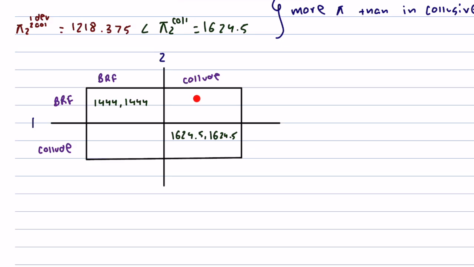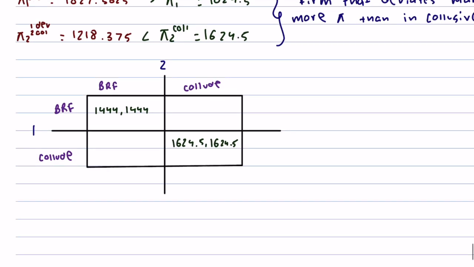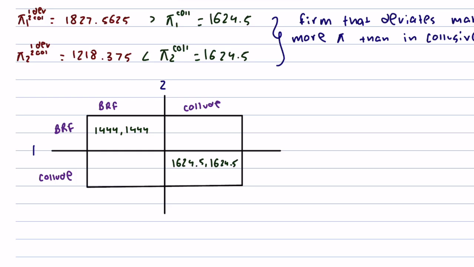Perfect. Now, what happens if firm 1 decides to play their BRF, which is this line right here, and firm 2 colludes? Well, we kind of just saw that, right? Firm 1 plays their BRF, so they deviate from collusion, but firm 2 decides to still collude. They decide to stick to their word. In this case, we know that firm 1 is going to make $1,827.56, and we know that firm 2 is going to make $1,218.37, right?